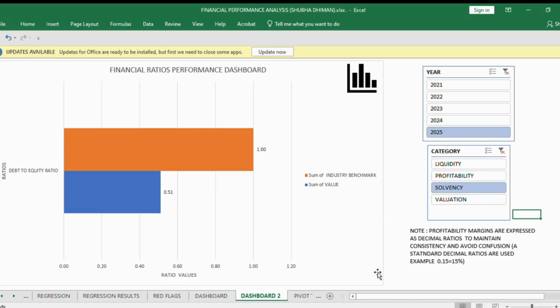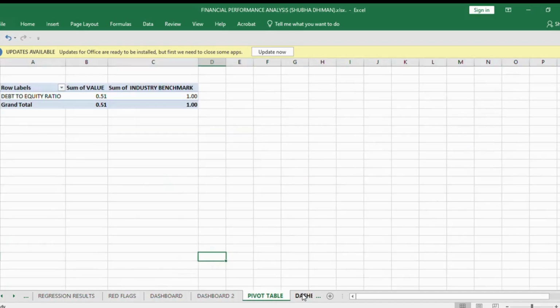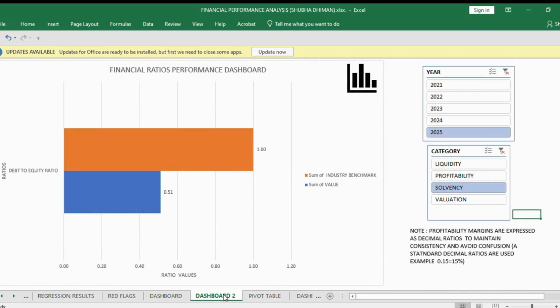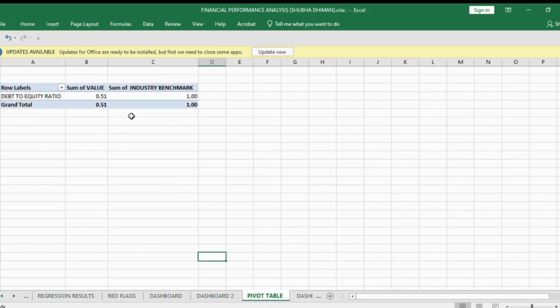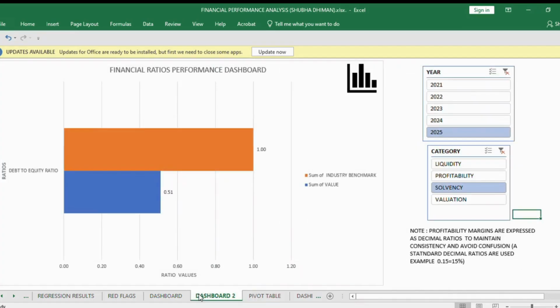To make the data manageable, I use this pivot table. It summarizes our complex financial figures into clear categories like gross profit margin and return on equity. This pivot table also changes when I change the dashboard. For example, currently the pivot table shows debt to equity ratio, because I have selected solvency.